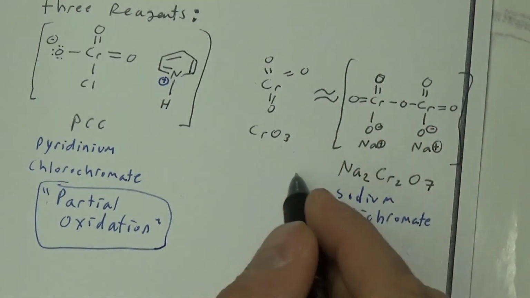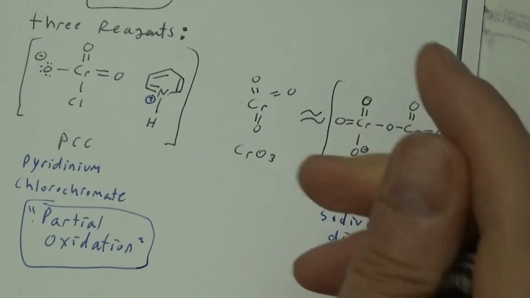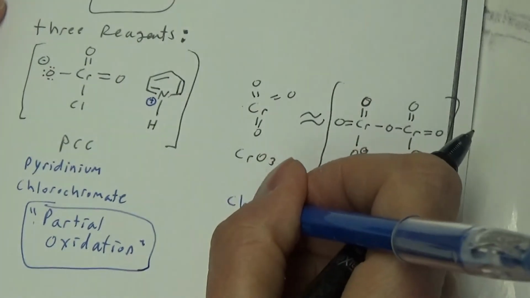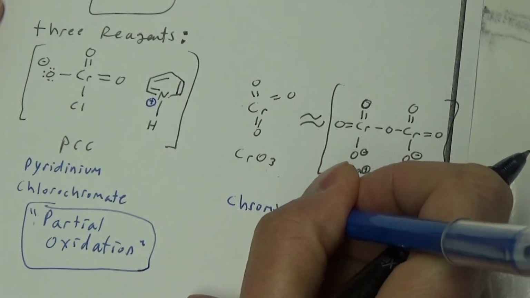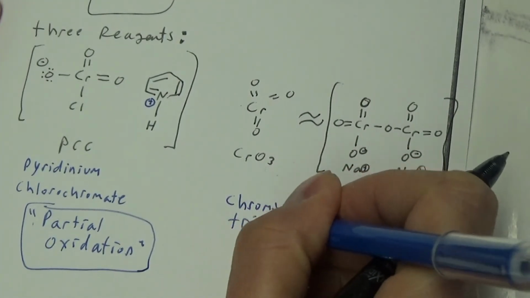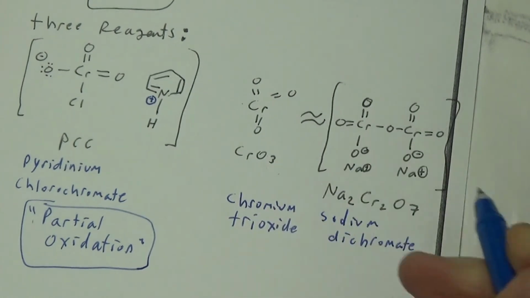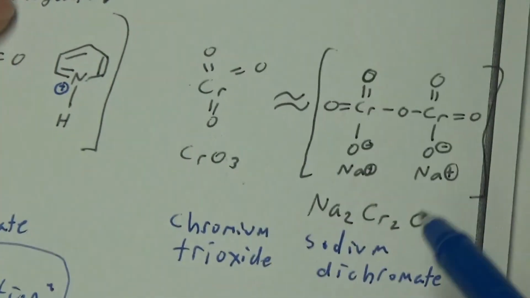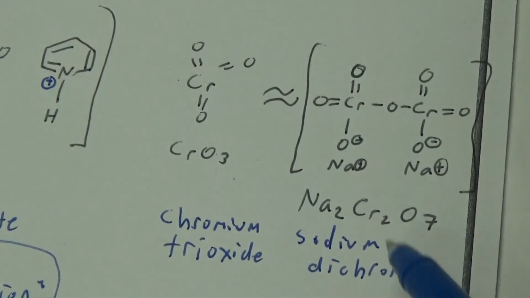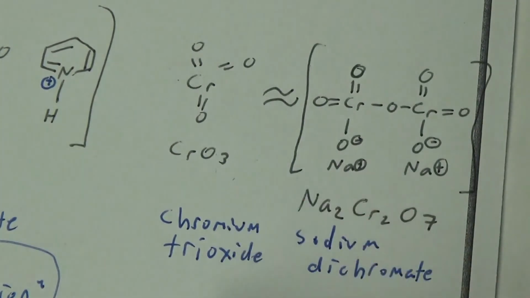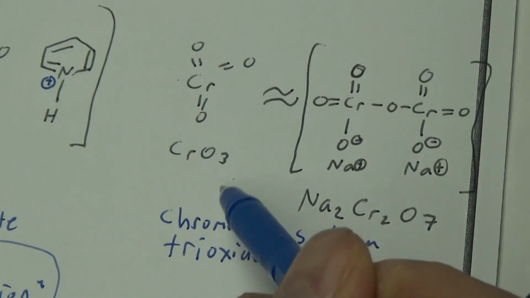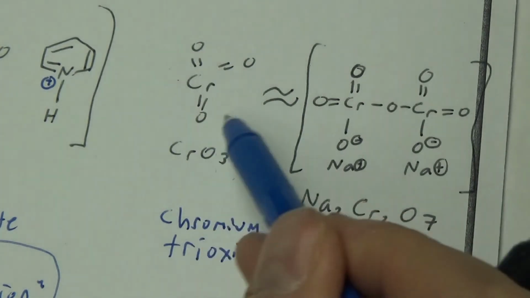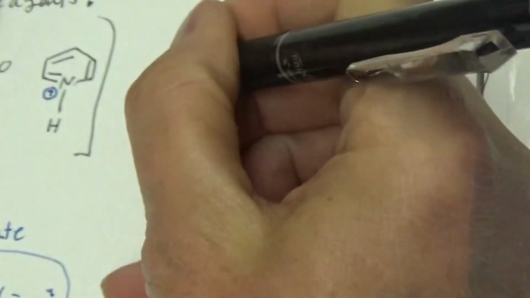Okay. What's this called again? Chromium trioxide. That's an easy one, right? Which one do I like to emphasize of these two things that are basically the same? I emphasize the easy one, CrO3, because it's easier to draw and easier to understand the structure. The actual structure might be a little more like this, whatever.